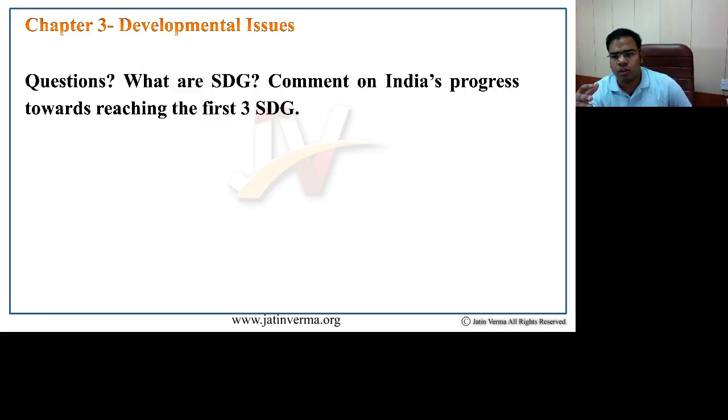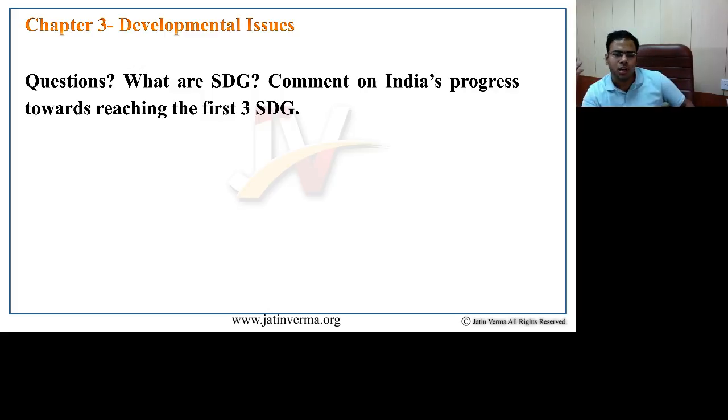Another thing that you could put in as progress is that you could come up with figures showing statistics on how things are changing from 2015 to 2030. That is because before the SDGs we had the idea of Millennium Developmental Goals as well, and you should be proud that India has been able to achieve the Millennium Developmental Goals.